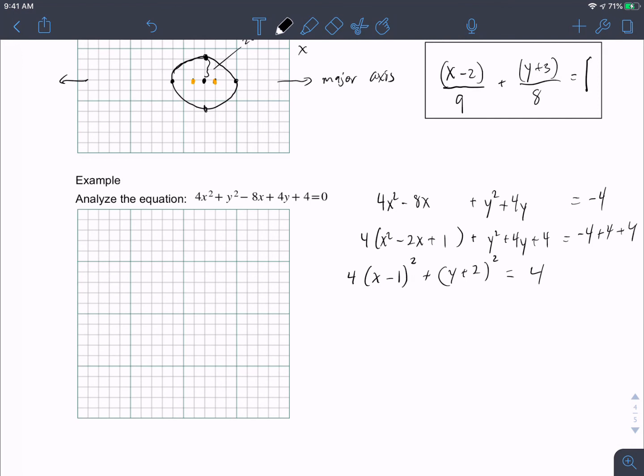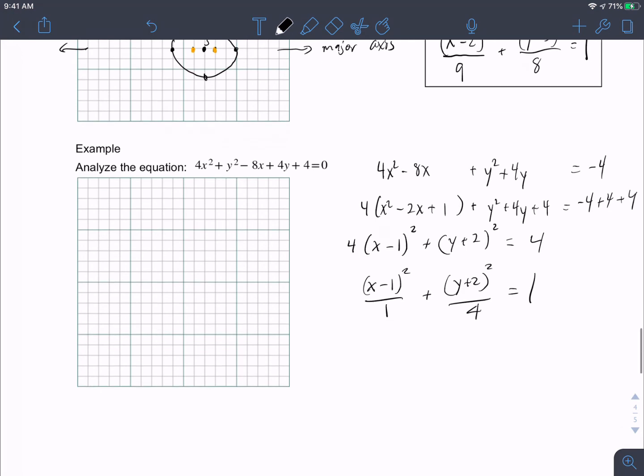Now, in order to make it an ellipse, I'm going to divide everything by the coefficient of the 4 in front of the x minus 1 squared. So I'm going to get x minus 1 squared over 1 plus y plus 2 squared over 4, equal to 1.